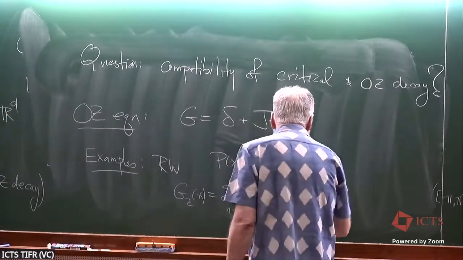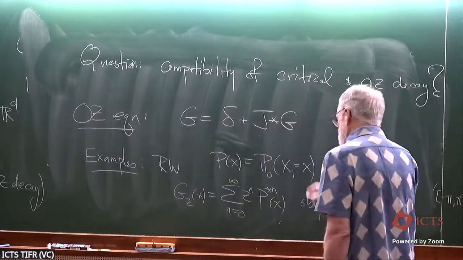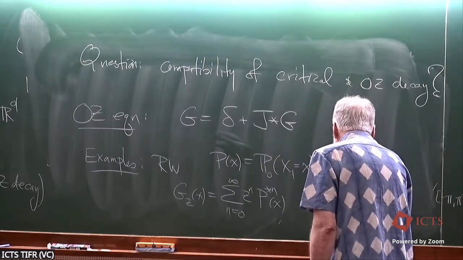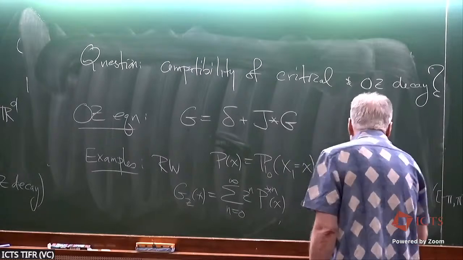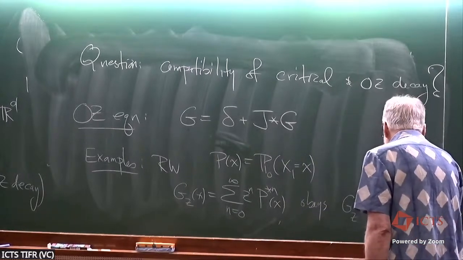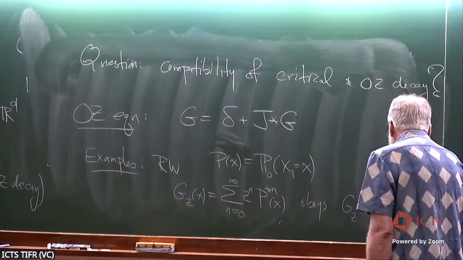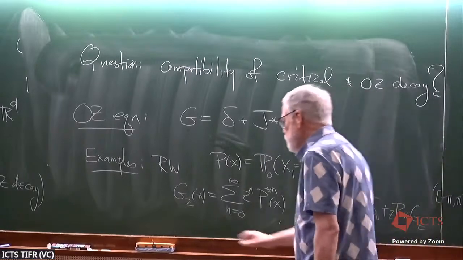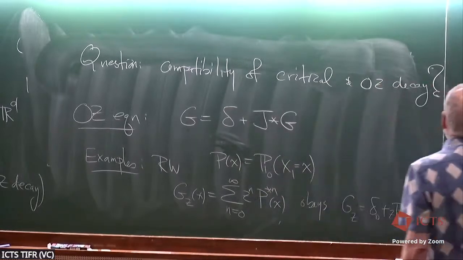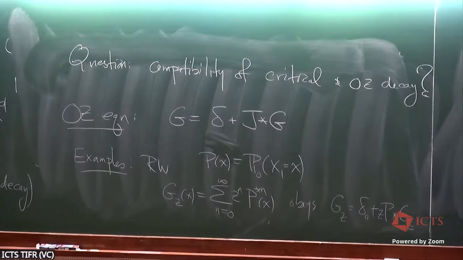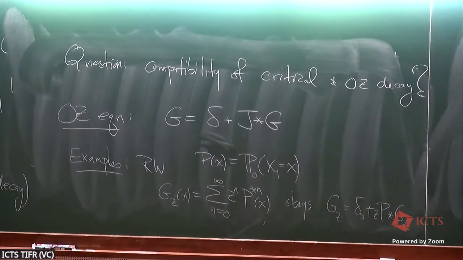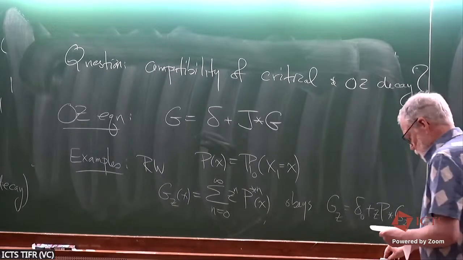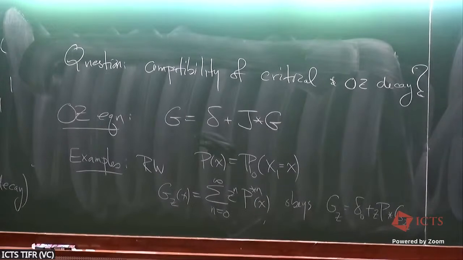So this one obeys Gz is equal to delta 0 plus z P star Gz. So that's the OZ equation with J equal to z times P. And in our analysis, the Fourier transform plays a big role again.